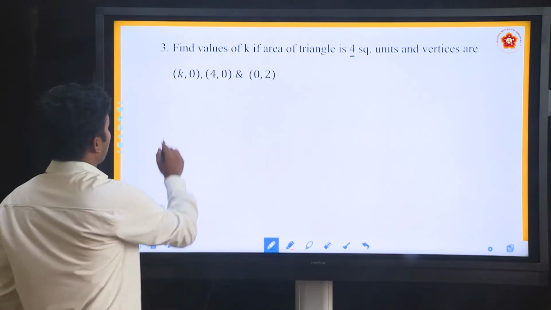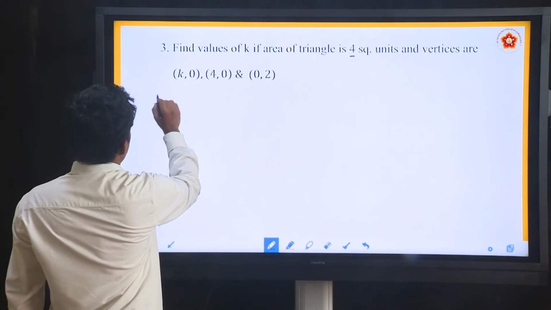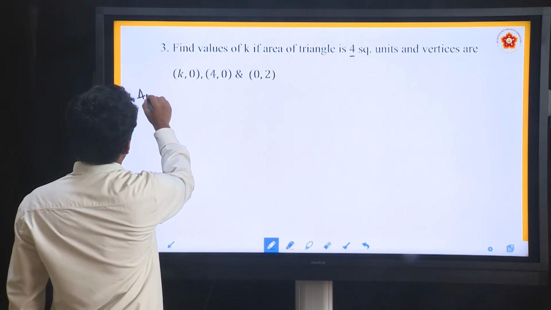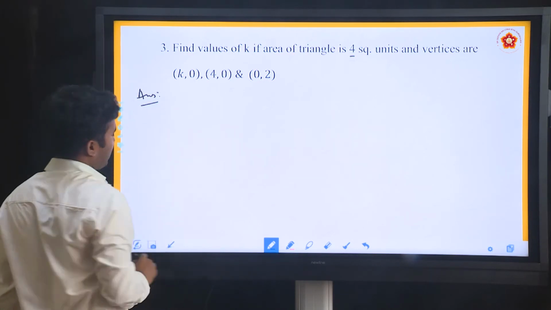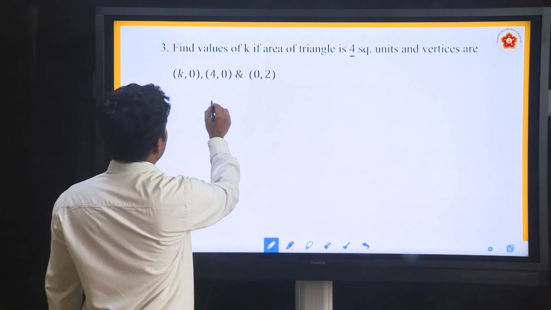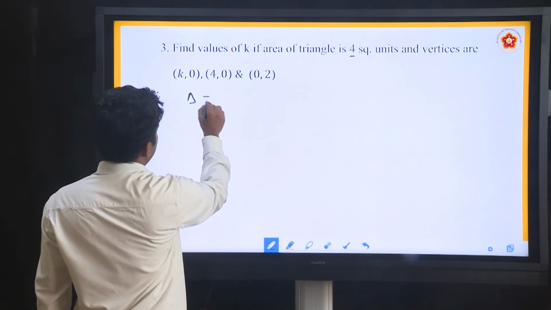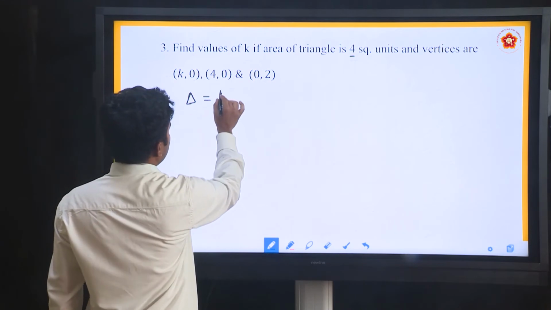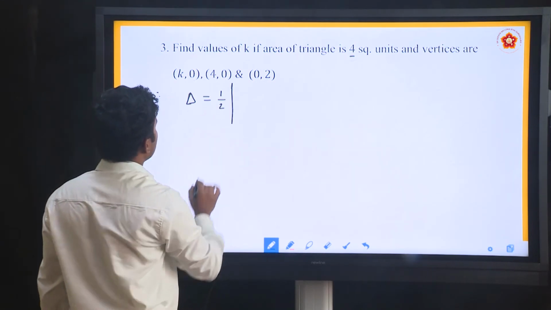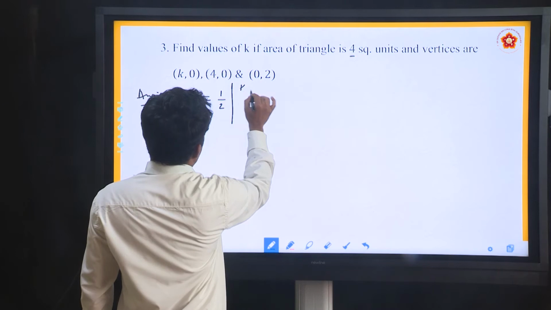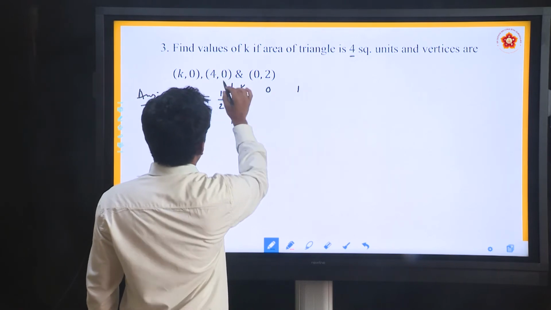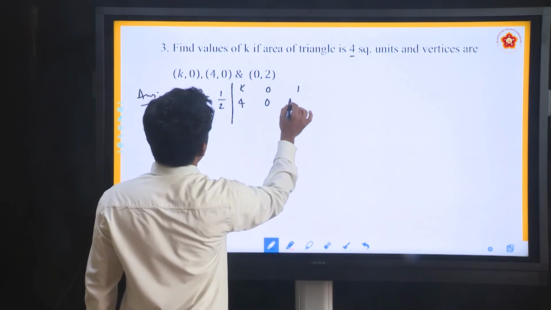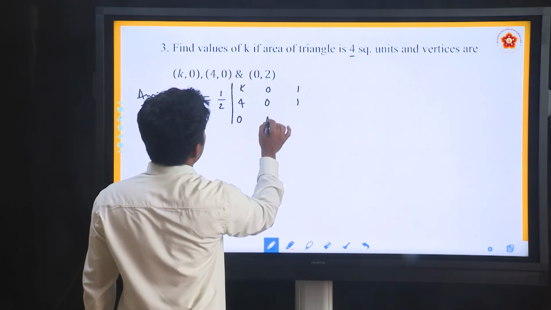Now, as we know, the area of a triangle with these vertices can be written as half into the determinant k, 0, 1; 4, 0, 1; and 0, 2, 1.